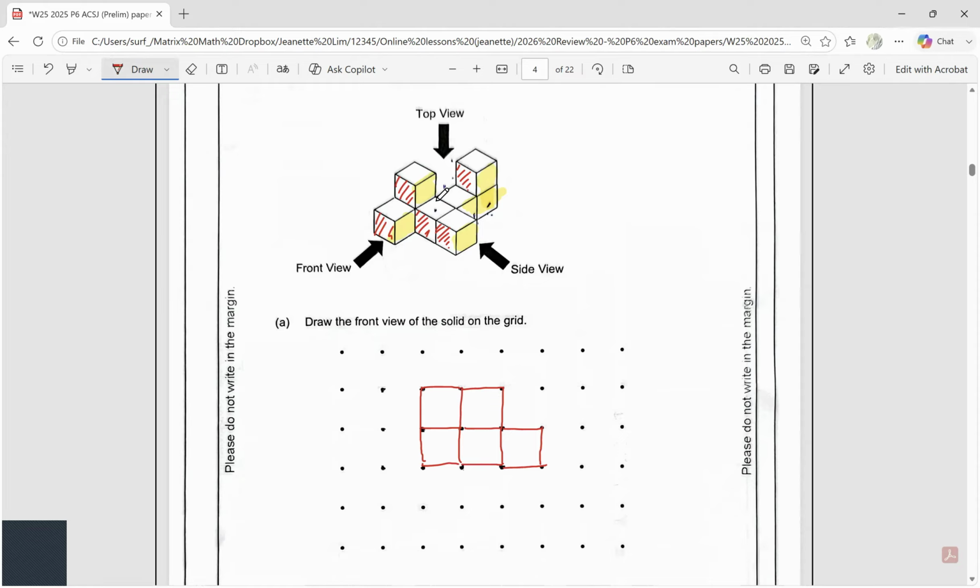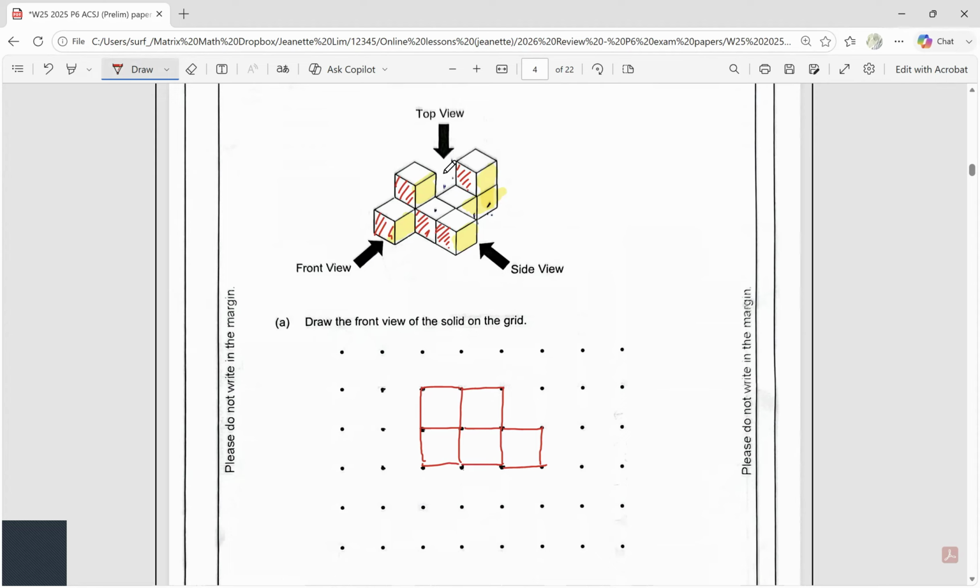Okay, so six in the first, so that's seven. Here you cannot add, it will block the side view. Here above this one, you cannot add because you will change the front view. Okay, then no more here, you cannot add any more here.